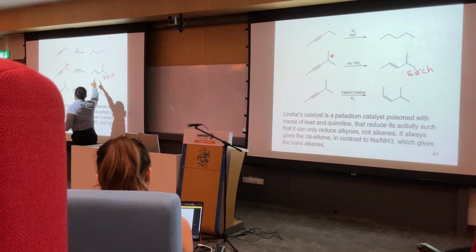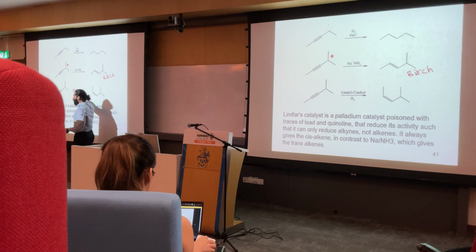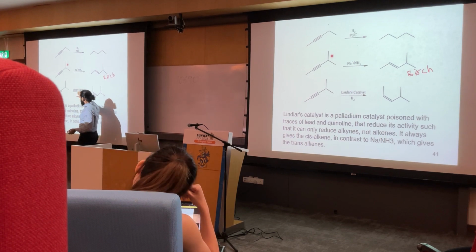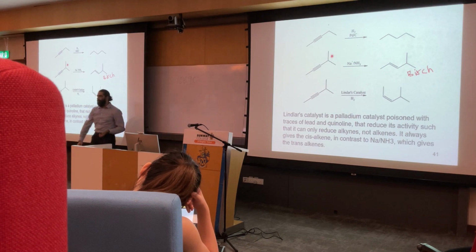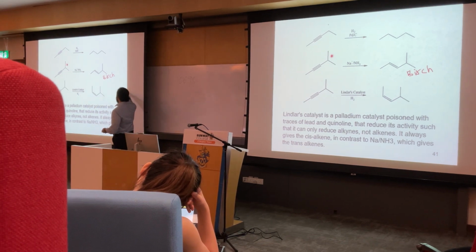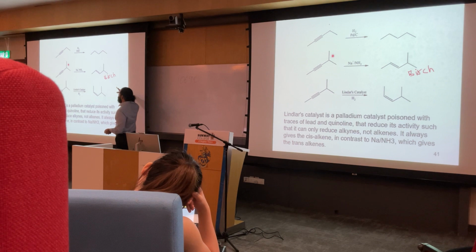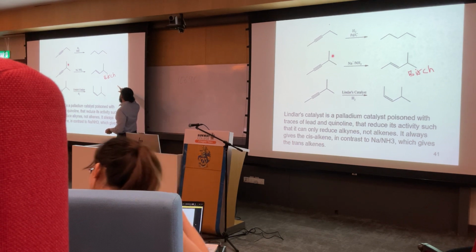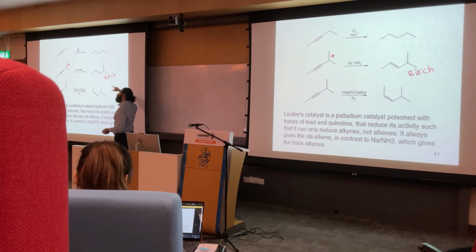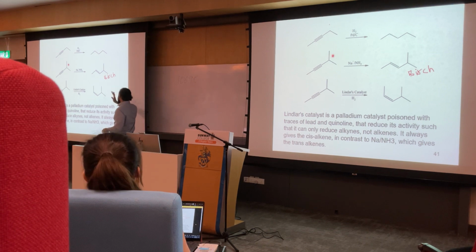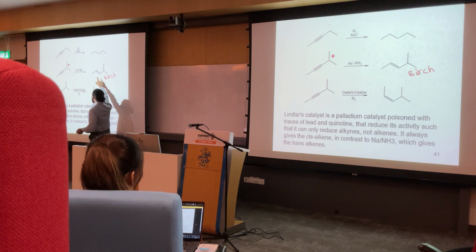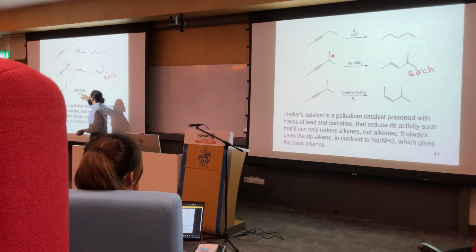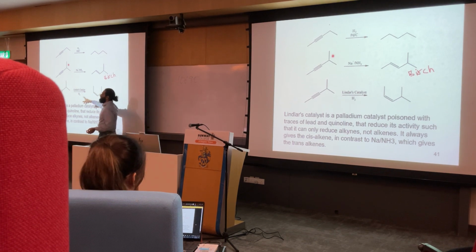If you want to stop at the alkene, one example is Lindlar catalyst, the other example is Birch conditions. Birch was a German chemist, if I'm not mistaken. He was my supervisor. But anyway, these conditions give you trans-alkene, while Lindlar catalyst gives you cis-alkene.